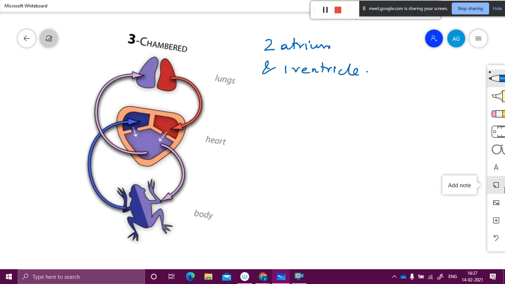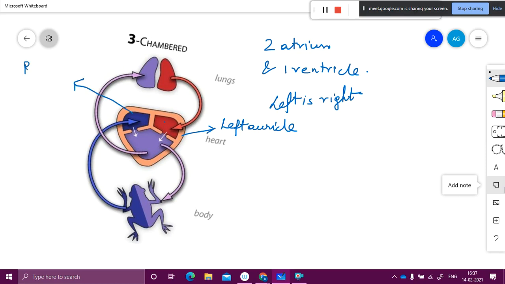So when you are looking at a picture, the left is left and the right is right, always. So this is the left auricle.